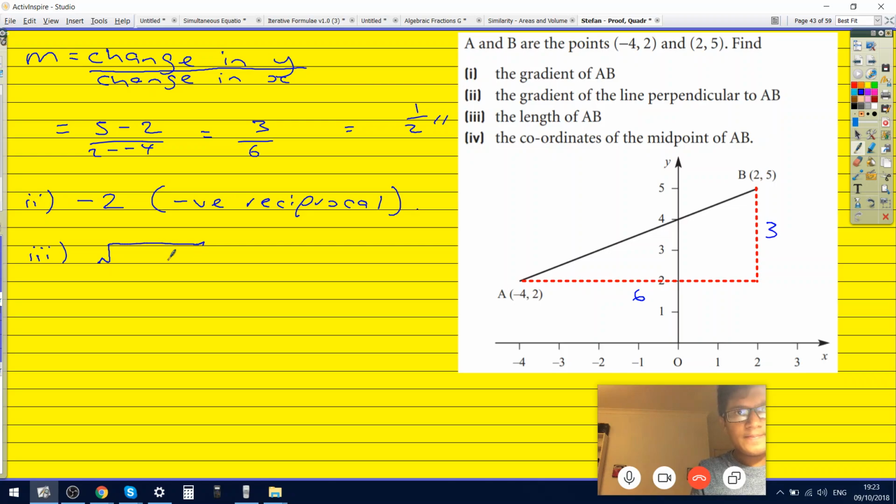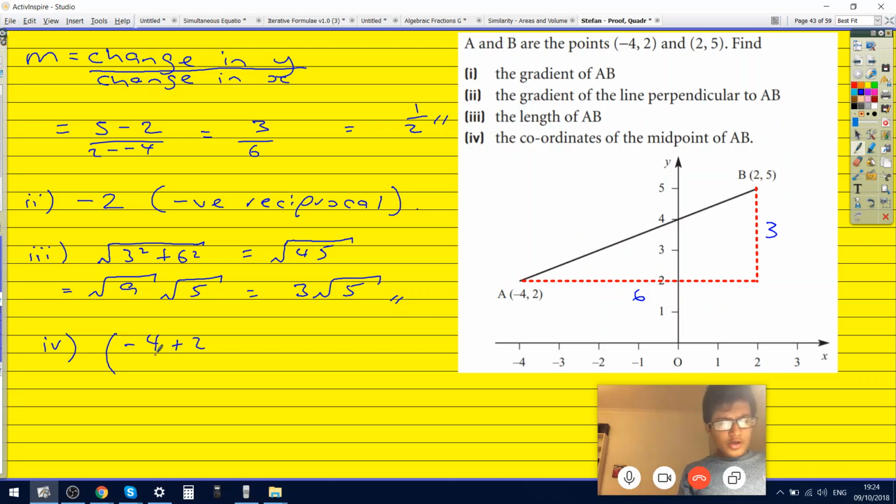Okay, and last one. Coordinates of the midpoint of AB. So we can say that AB. So you have 2. So you could say 5 minus 2 gives you 3. 3 divided by 2 gives you 1.5. 2 minus 4 is 6. 6 divided by 2 is 3.